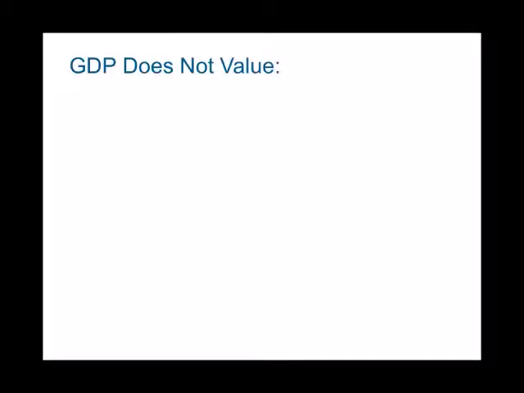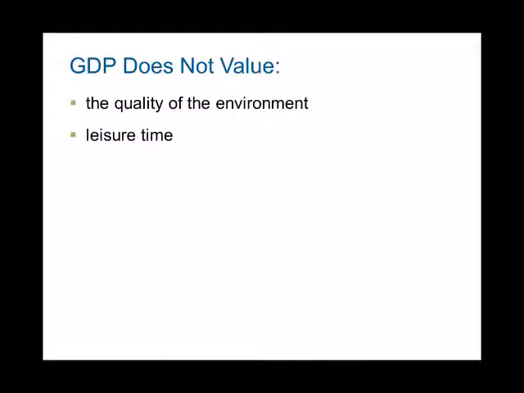So what does that mean? Well, GDP does not value the quality of the environment. So you could have a high income but live in a very polluted neighborhood, and GDP will still think that you're a wealthy person. It does not measure leisure time.